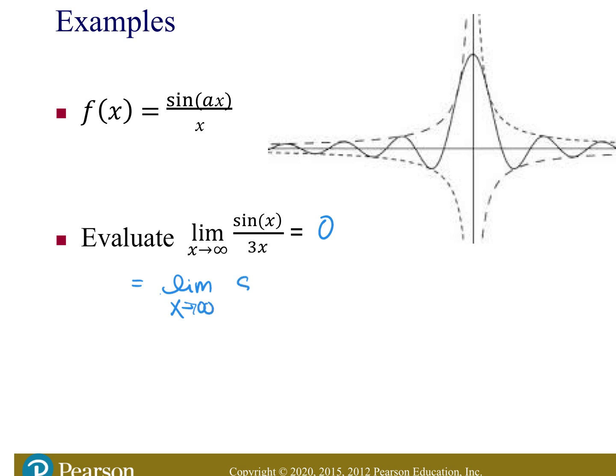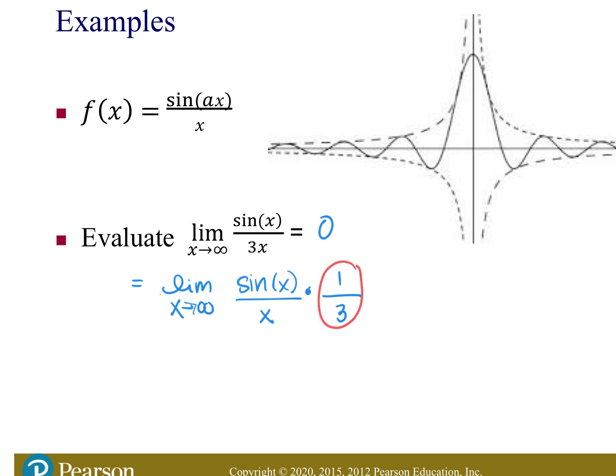Separate again the sine of x. What would we like the denominator to be? x. What's extra? 1/3. Okay, they're separate. 1/3 is a constant. And so what can you do with every constant?